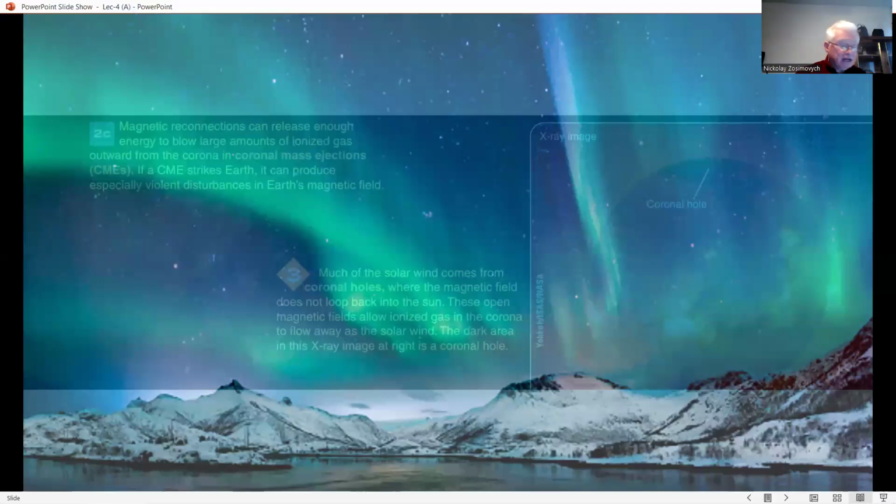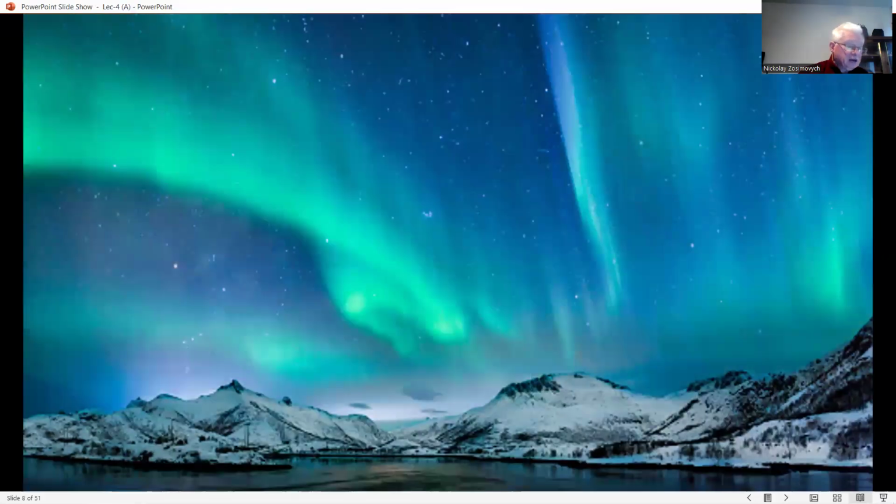You may have heard the common misconception that an auroral display in the night sky is caused by sunlight reflecting off the ice and snow at Earth's North Pole.